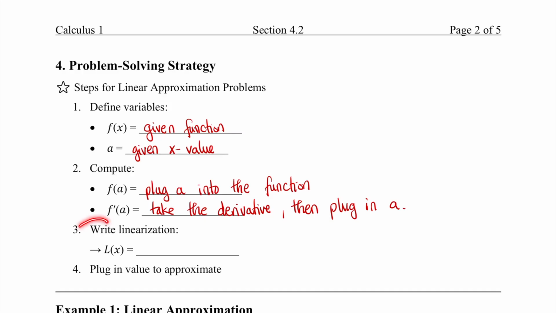Step 3, write the linearization. Now, we use the formula L of x equals f of a plus f prime of a times x minus a. Step 4, plug the value you want into the equation L of x.